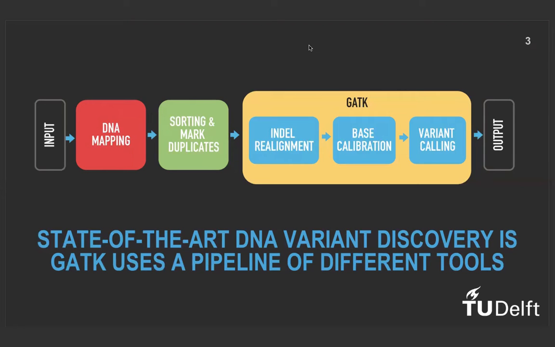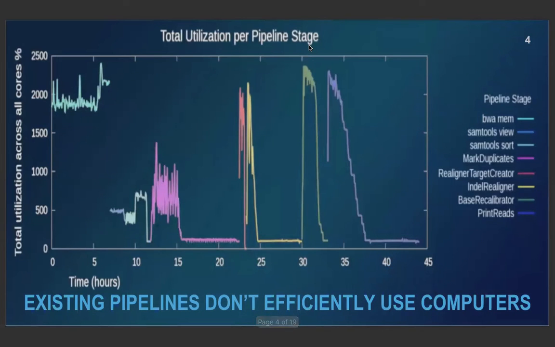However, if we look at the CPU utilization of these different stages as they are executed on a compute system, we notice that many of these stages do not fully utilize the hardware available for the tools as they are executed.